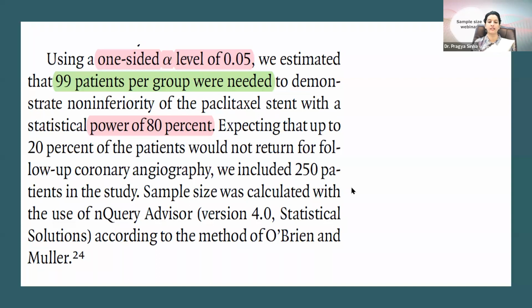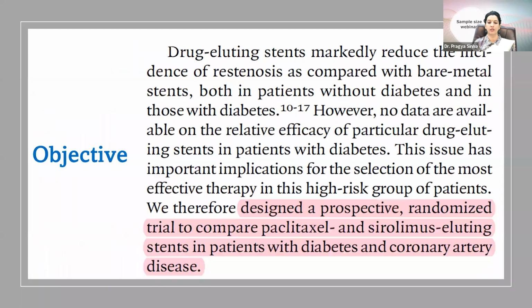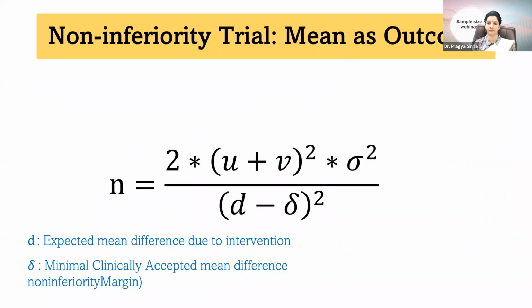Now let's see, if I go back to the formula here. Can you see the mean as an outcome? You can see here this D. D is the expected mean difference due to intervention. This D we have taken as 0 here, the mean difference between the two groups, 0.46 both. And this delta, we have taken as 0.16.